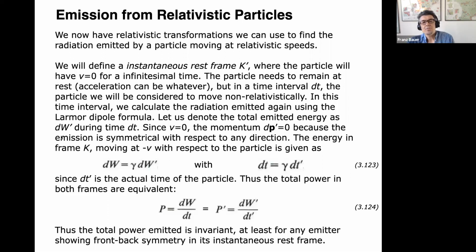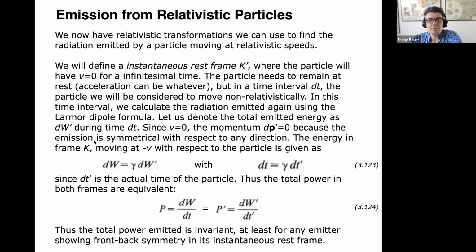We can denote the work in that frame as dW prime during some time interval dt prime, while dt is the time interval in our frame. If v equals 0, then the momentum equals 0, and the emission is going to be symmetric with respect to any direction.